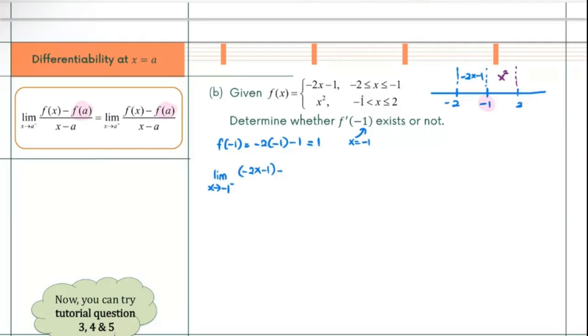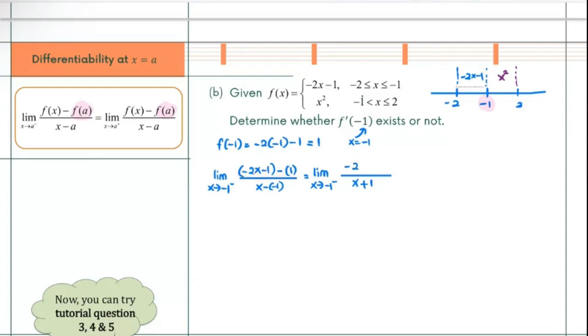Tolak dengan f of a 1 bahagi dengan x minus a. X minus negative 1. Negatif dapat apa? Positif. So negative 1, negatif. So maksudnya denominator ni saya bertukar dia kepada x plus 1 lah. Kemudian simplify yang atas negative 2x, negative 1 minus 1 will be negative 2 kan.